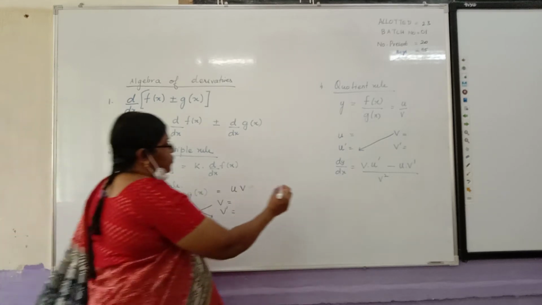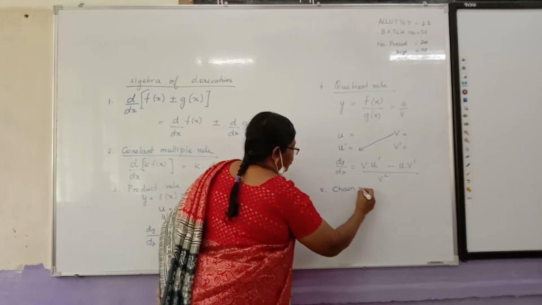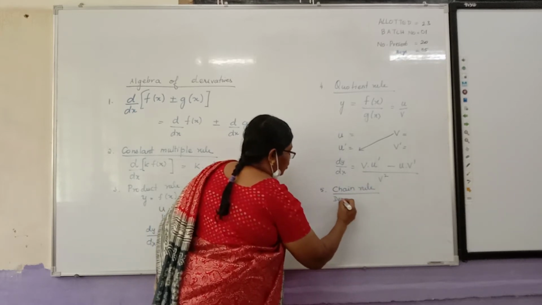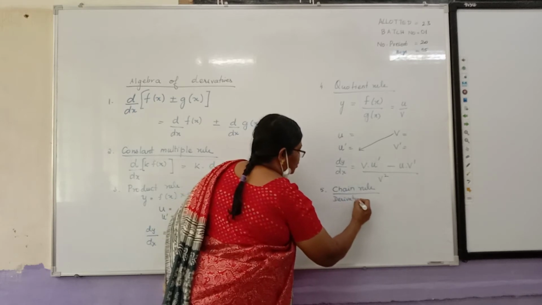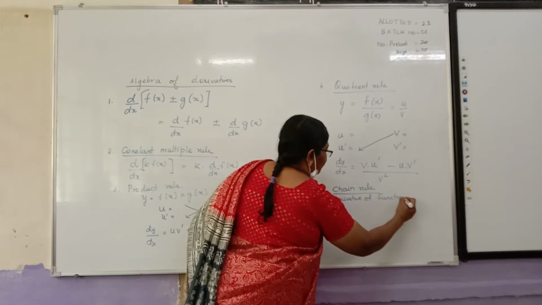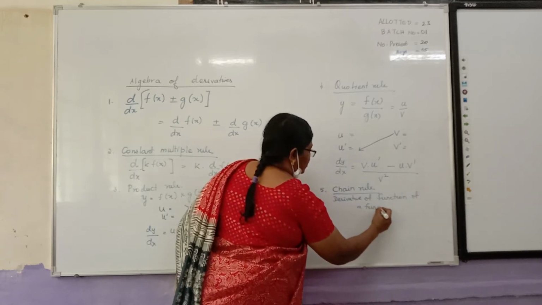Okay. The fifth one, chain rule. This is the derivative of function of function. You might not have learned it.